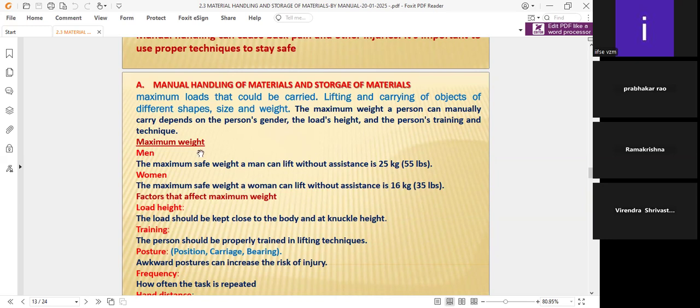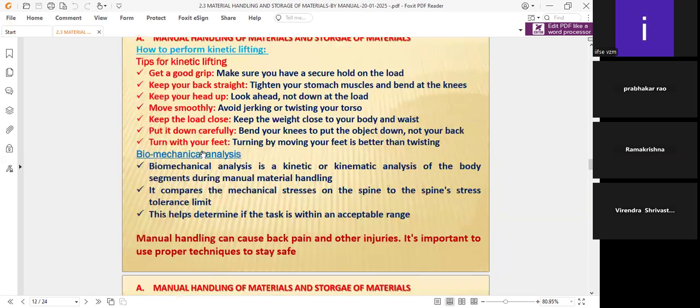I am requesting all the people: though this is a very simple thing, manual handling, and everybody knows it, there is a lot of risk while lifting a load from one place to another place. Employees should know about the hazards and risks involved in kinetic lifting and material handling.